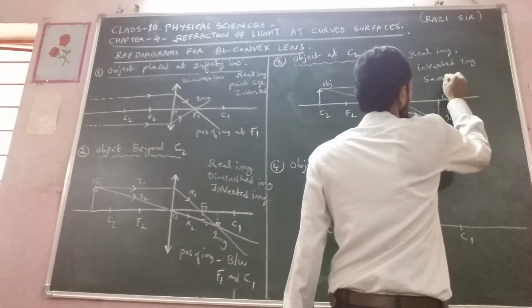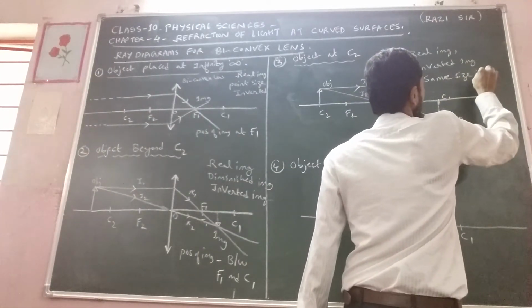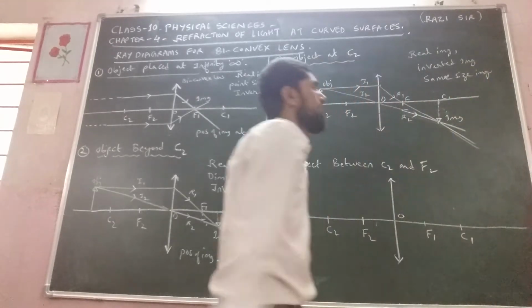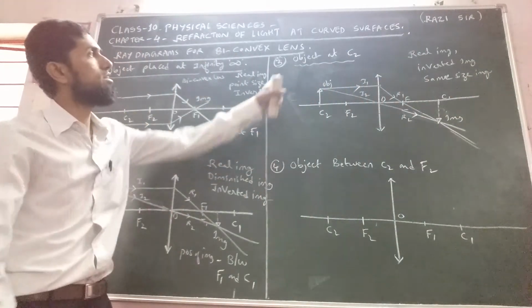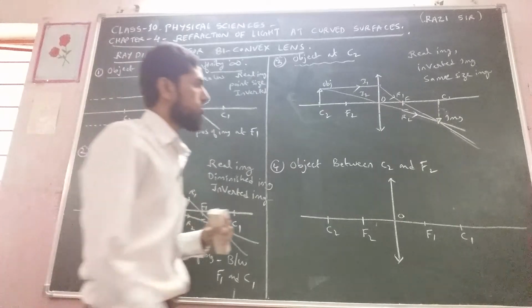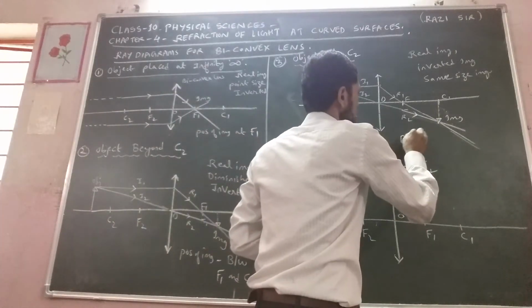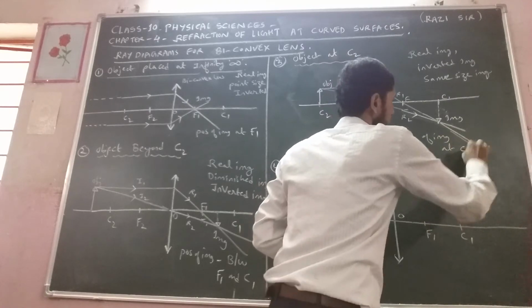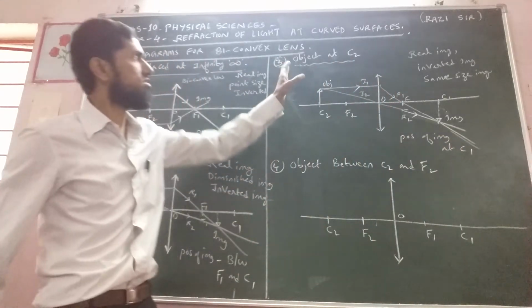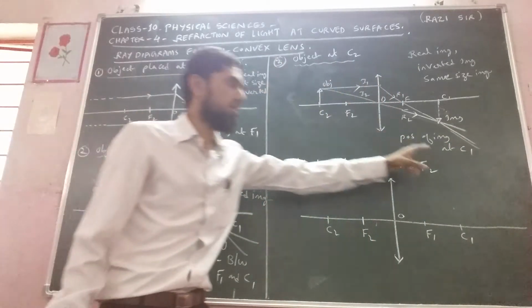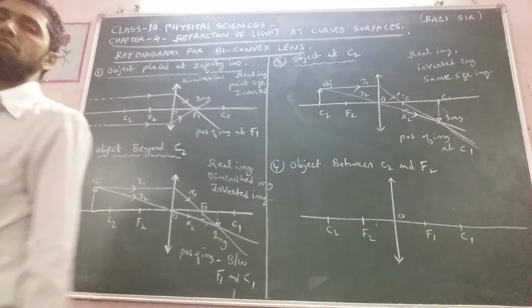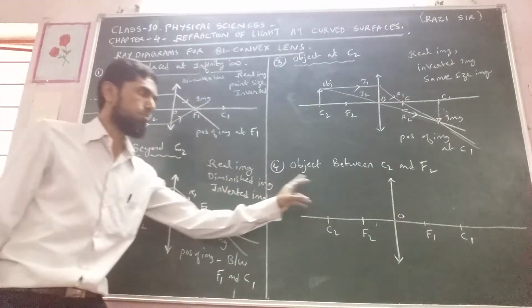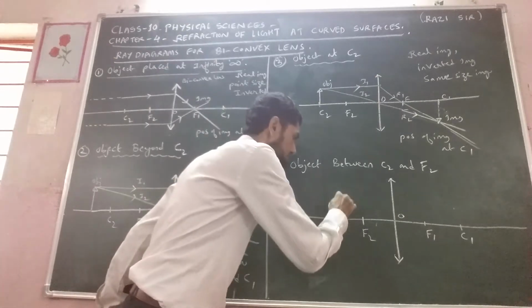So we get a same size image. What is the position of the image? The position is at C1. So whenever the object is at C2, the image will be at C1. Now the fourth one, when the object is placed between C2 and F2.